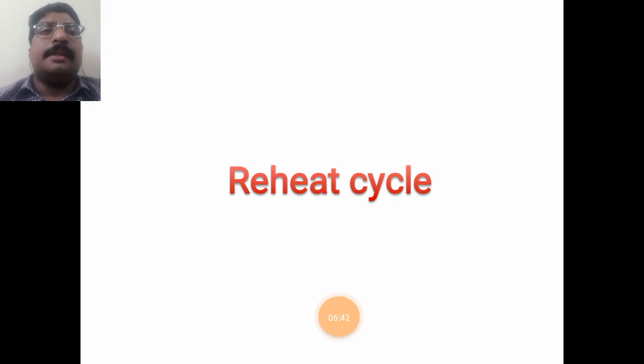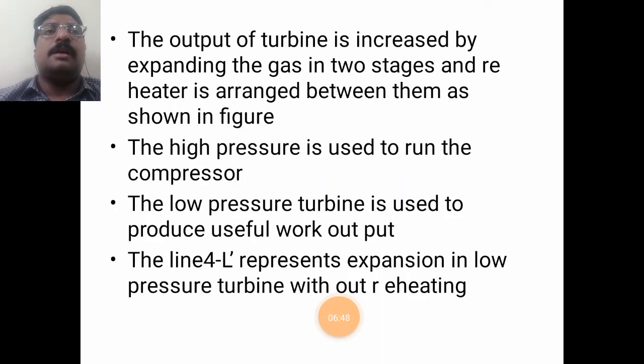Now another method to improve the efficiency of the plant is the reheating method or reheat cycle. Okay. So now here, the output of the turbine is improved by expanding gas in two stages, and a reheater is arranged between the two turbines.